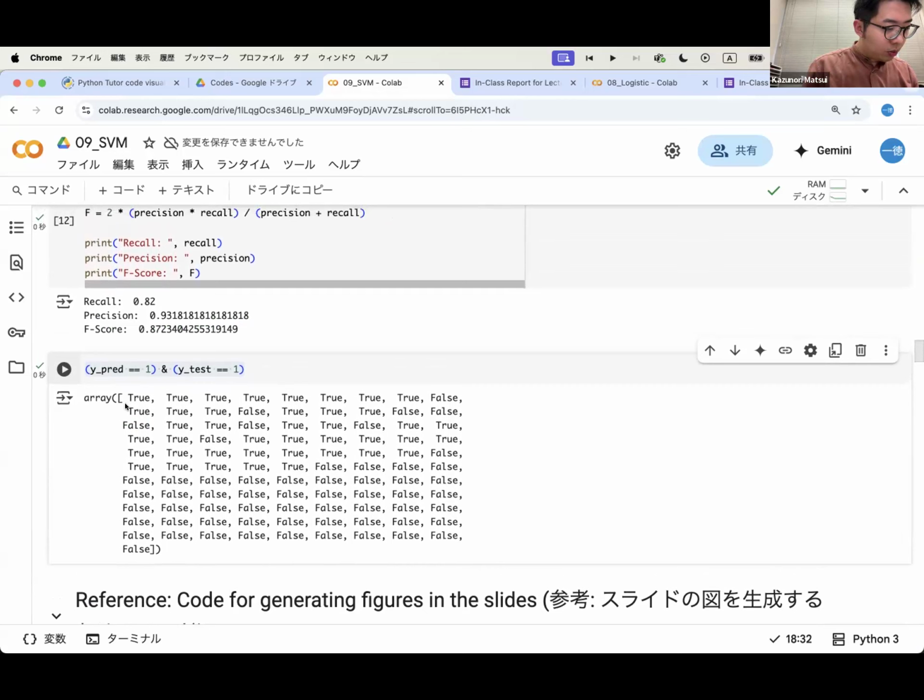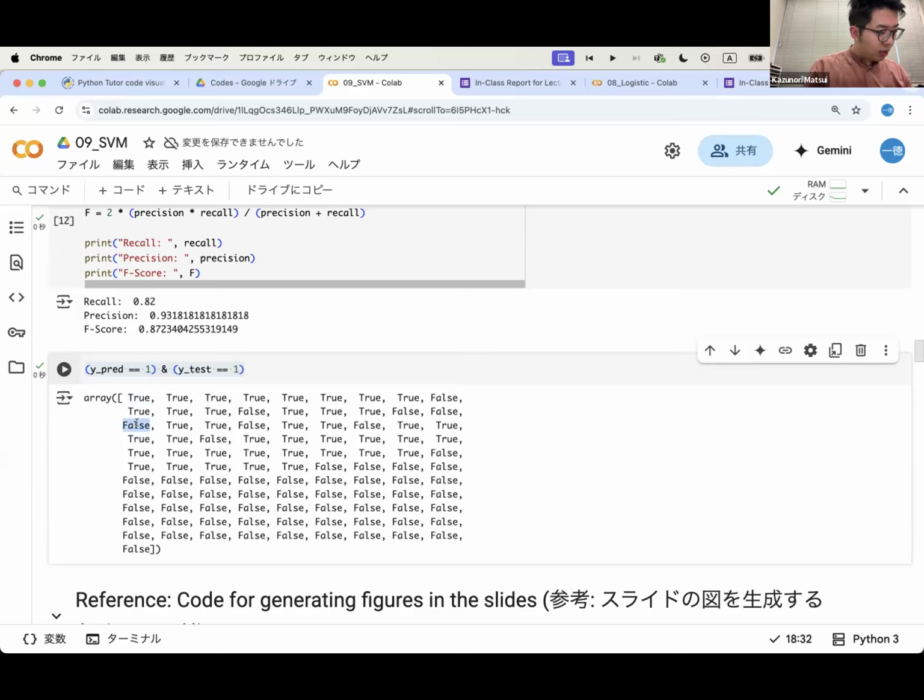We generated 50 data points earlier, and the first data point has both actual and predicted values of 1. When either is minus 1, or both are minus 1, it becomes false, like that.